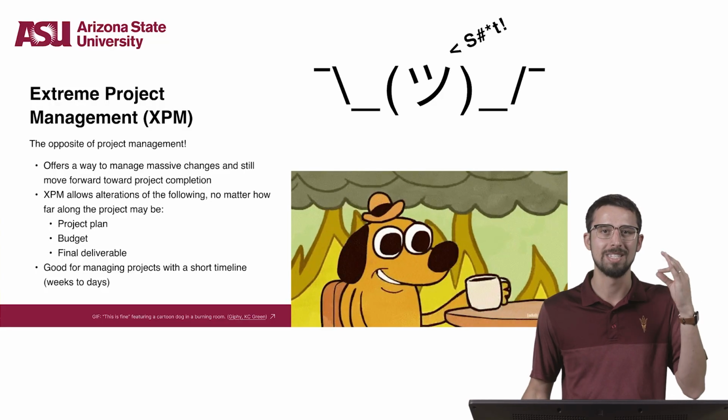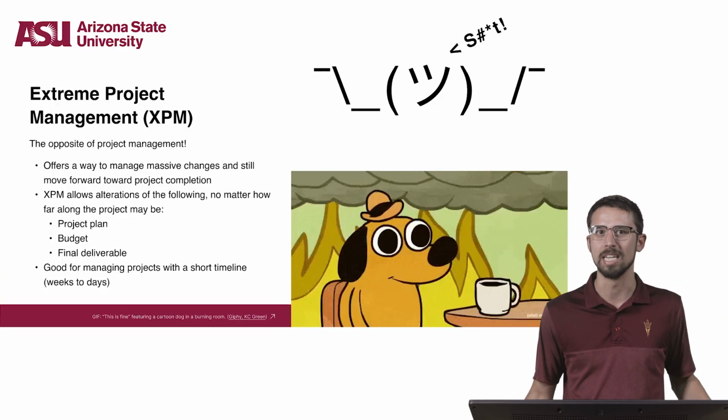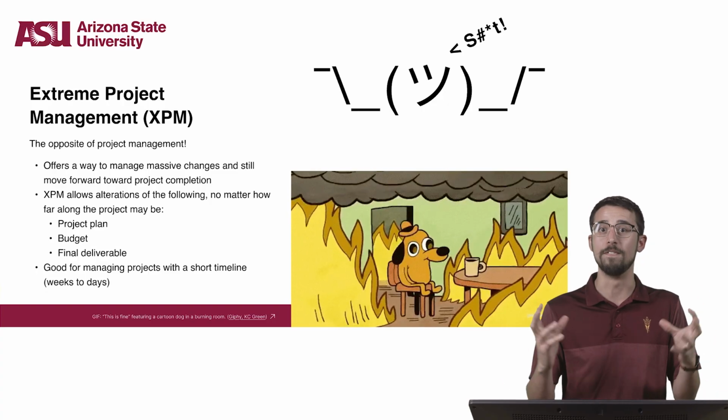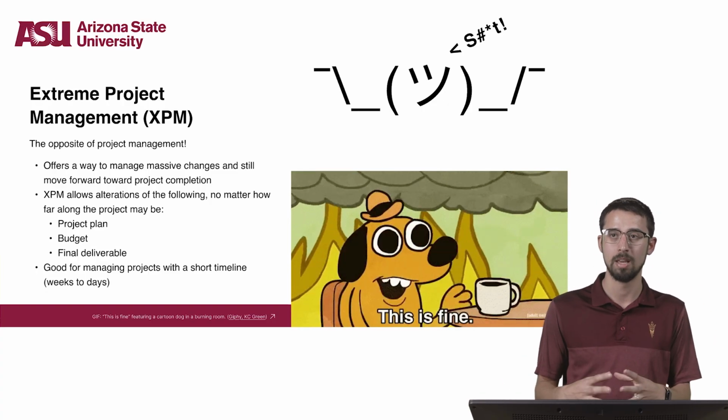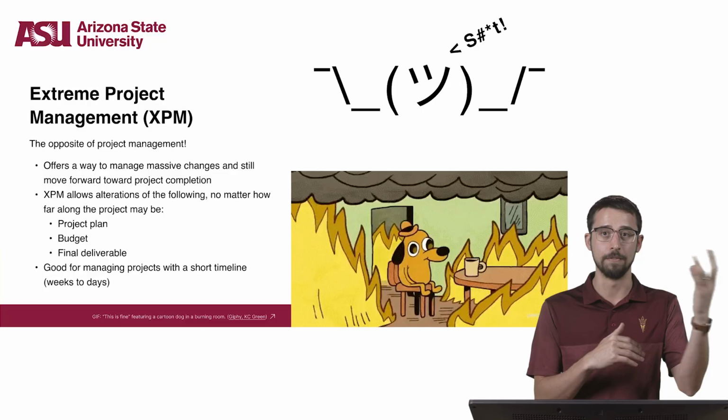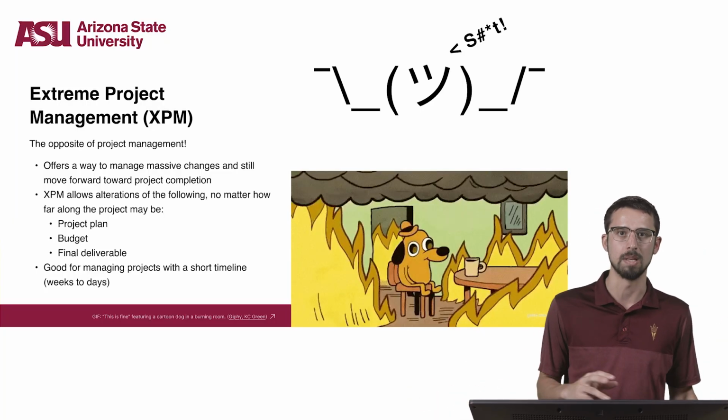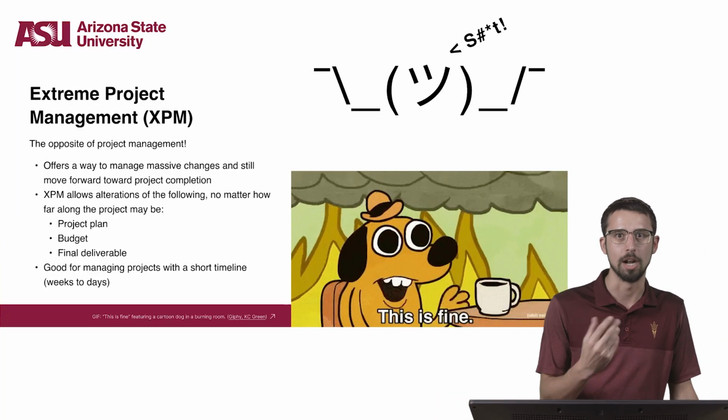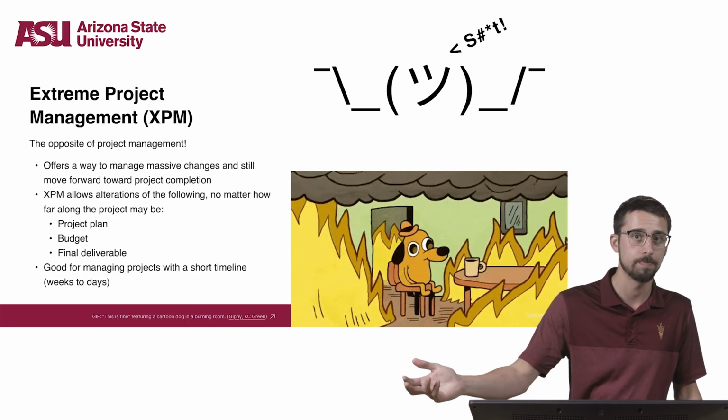But where this does actually come in handy is when managing projects within very short timelines. Typically, anywhere from a few weeks to just mere days, instead of something like a project that may go on for months.